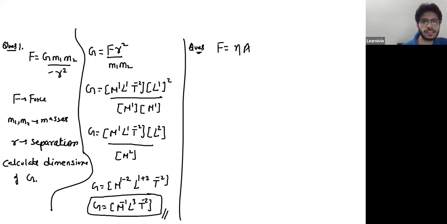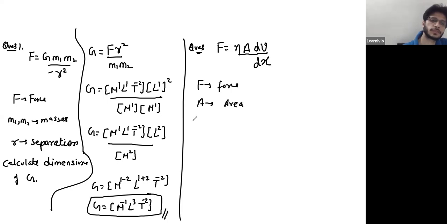Force is eta A dV over dx. Here F is force, A is area, dV is change in velocity, dx is change in position.